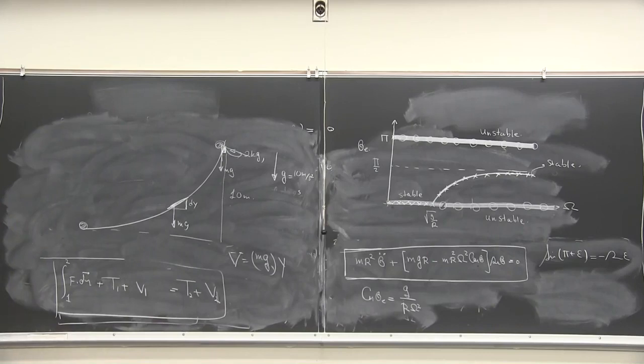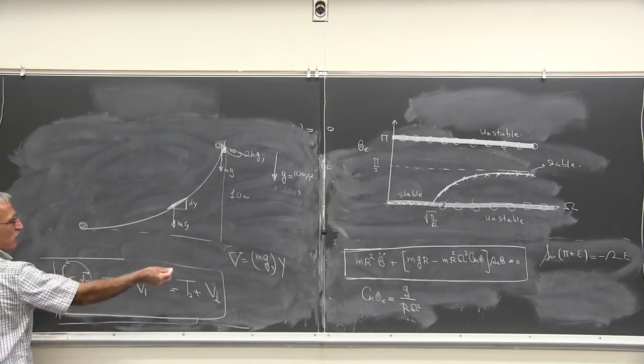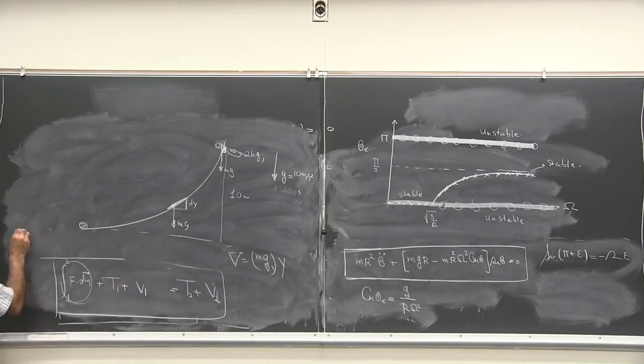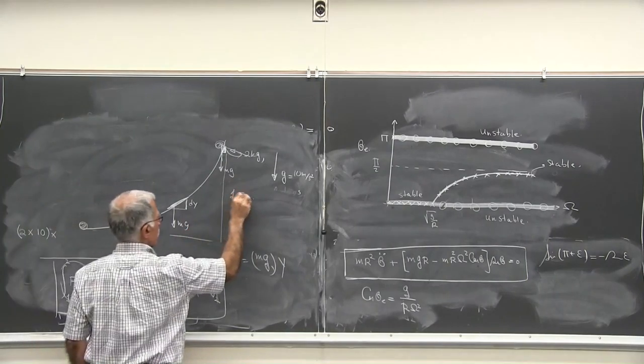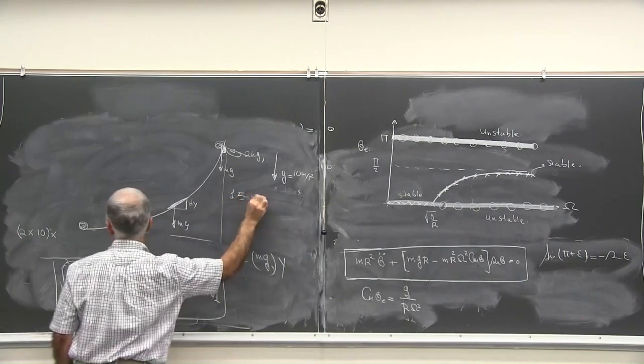And there are no other forces, so for this problem the integral of F dr is equal to 0, and T1 is equal to 0, because it's just the start. Potential energy is mg times y, where m is equal to 2 kilograms, g is equal to 10 meters per second squared, and y is equal to 10 meters. Let's make this one 15 meters, so you don't get confused.